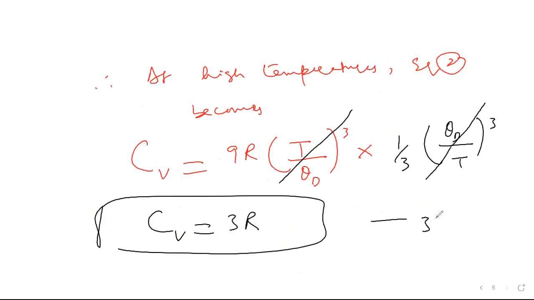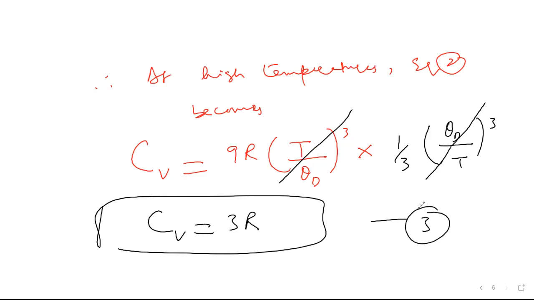You can see this is simply, as you know, the Dulong-Petit law. So you can see at high temperatures, the Debye equation reduces to the Dulong-Petit law, CV equal to 3R, right?